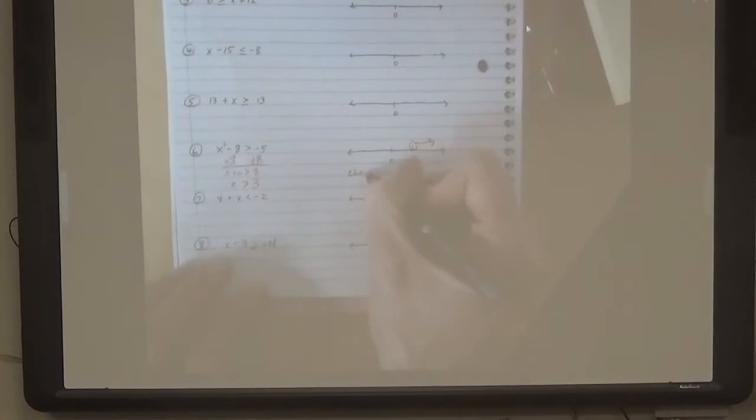Then, to check it, we have to choose a number that's greater than 3, because 3 does not make the solution true. So we can use 4 and try 4 minus 8 is greater than negative 5. Is that true? Well, yes, because that's negative 4, and negative 4 is greater than negative 5.